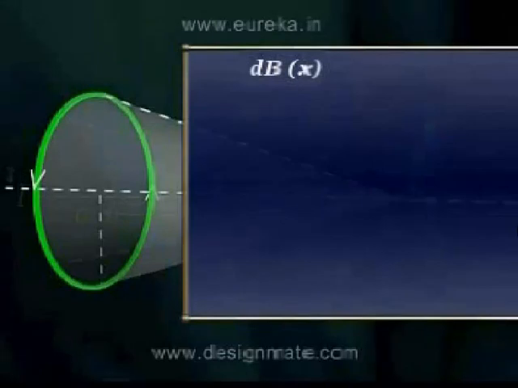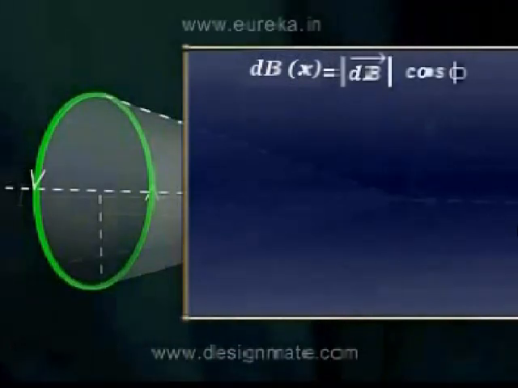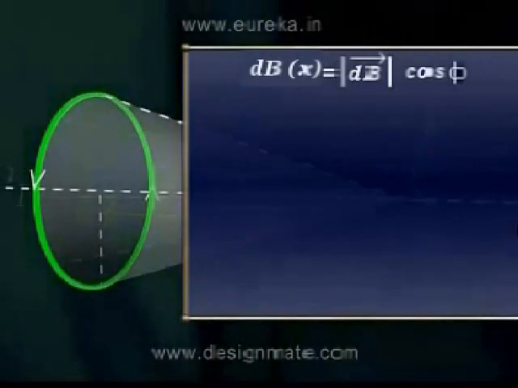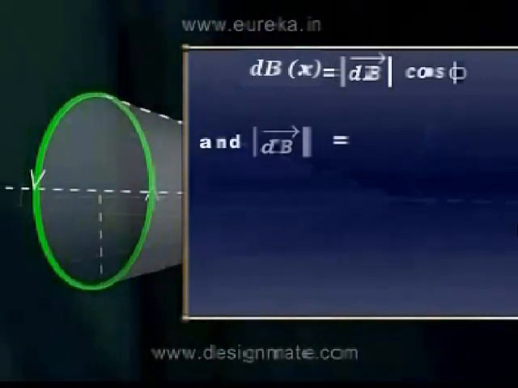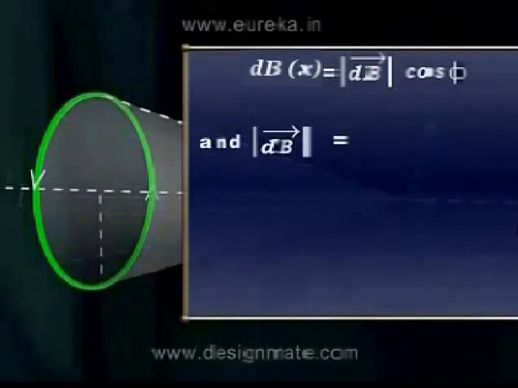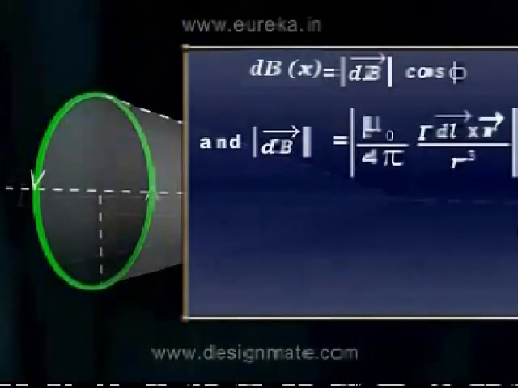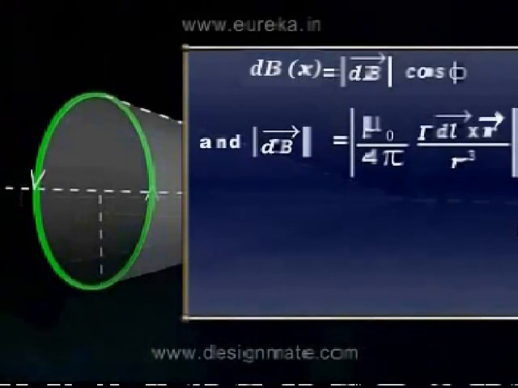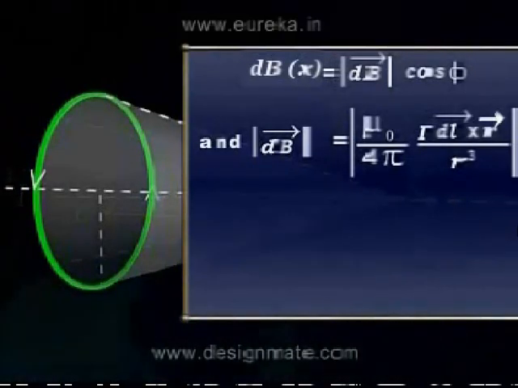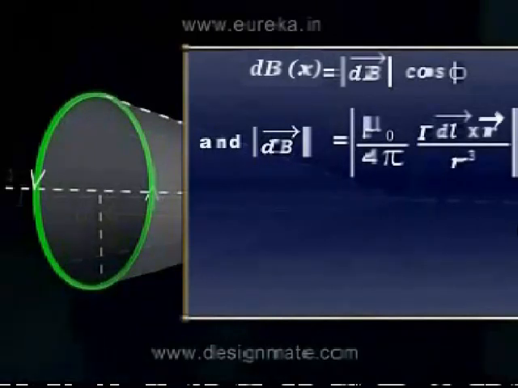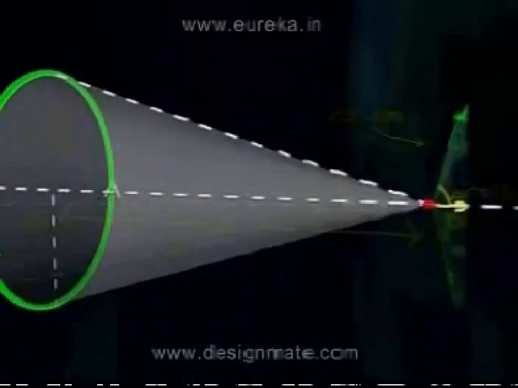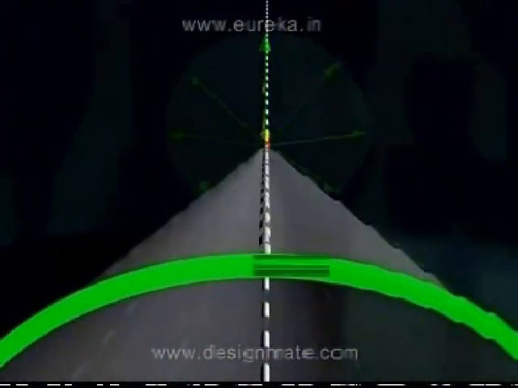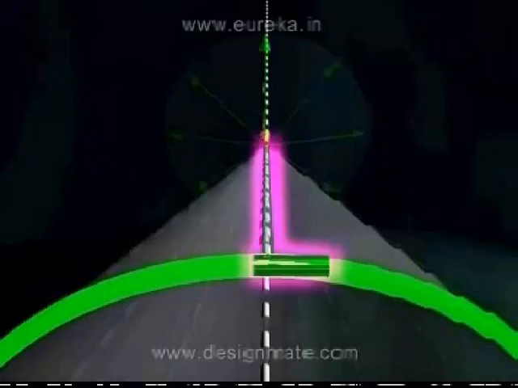Now, dBx is equal to modulus of vector dB into cos phi, and modulus of vector dB is equal to mu 0 upon 4 pi into I into modulus of vector dl cross r upon r cube. But vector dl is perpendicular to vector r.